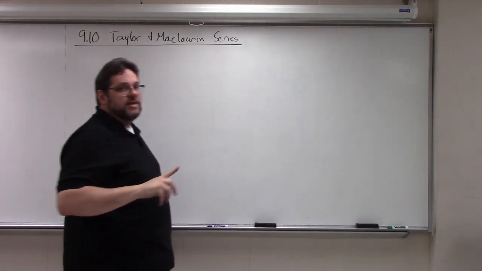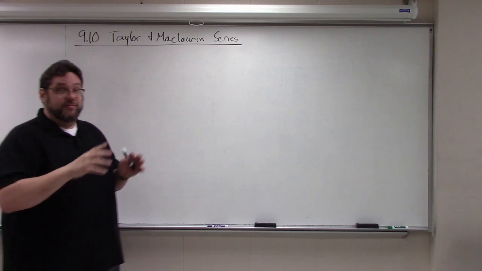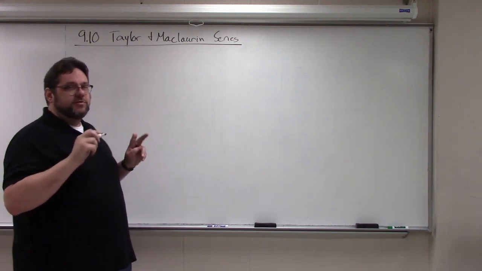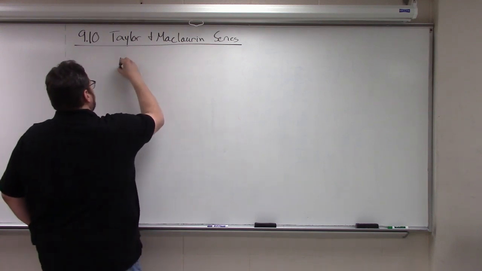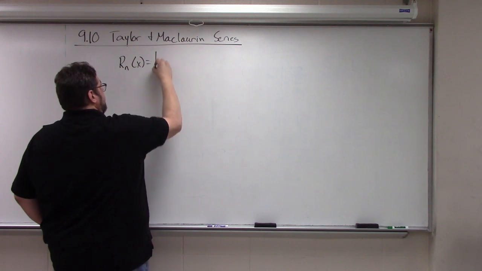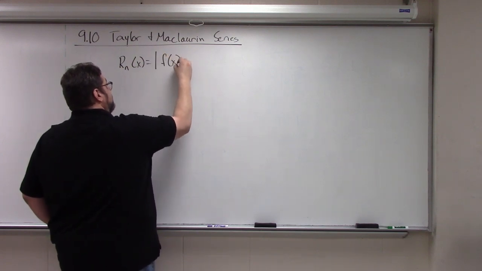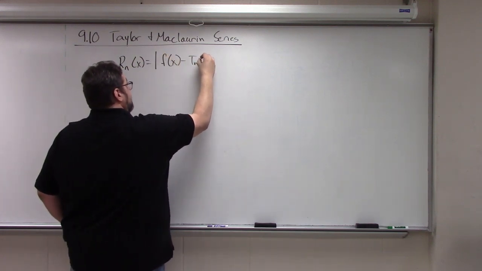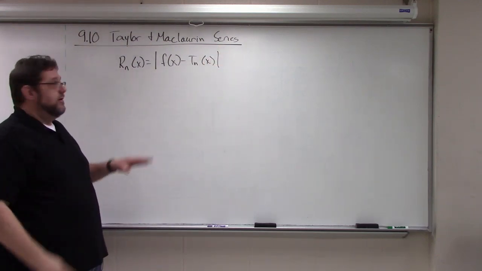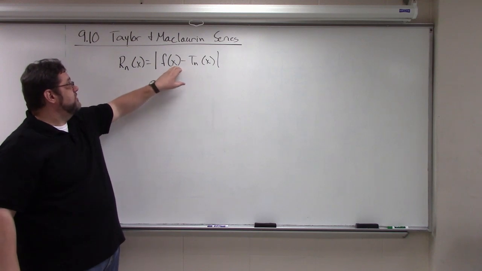Representation is really important because that's where you get the fact that the Taylor series equals the function. So here's the idea. We're going to define, again, Rn of x. This is the difference between the actual function value and the value of the Taylor polynomial at n. This is the error when we approximate f with that.